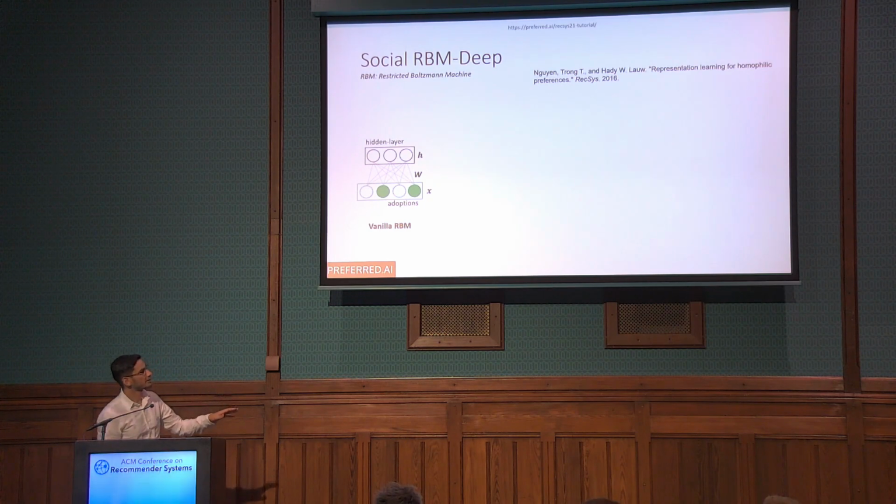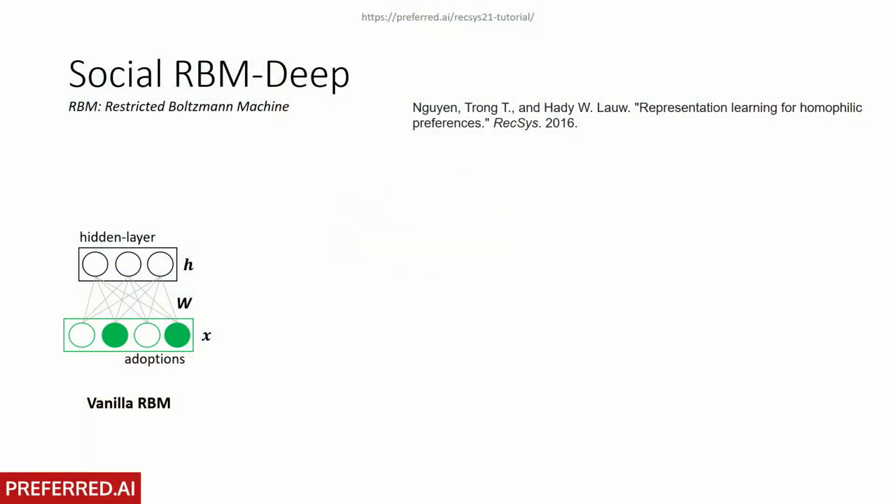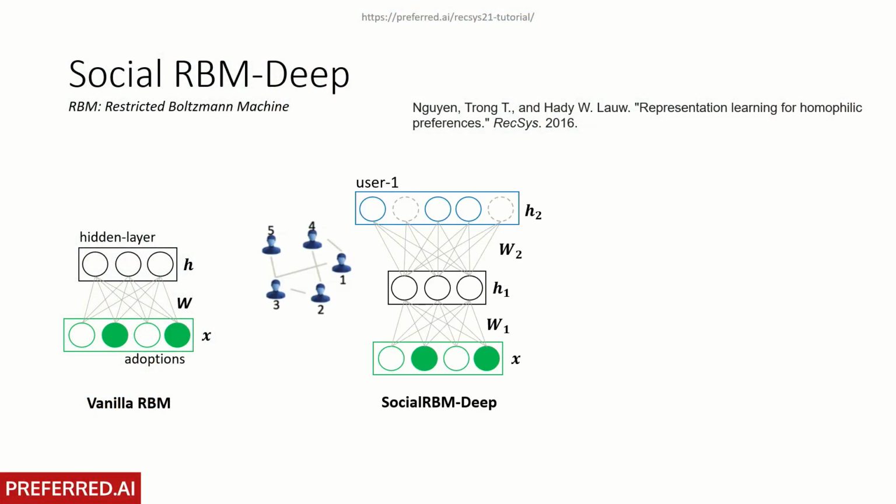Now, how can we extend this to integrate the social network information? In this particular case, the authors actually proposed to add another hidden layer, which is here layer 2, and this is why it's called deep, because as long as it has more than one layer, we can refer to it as a deep model.